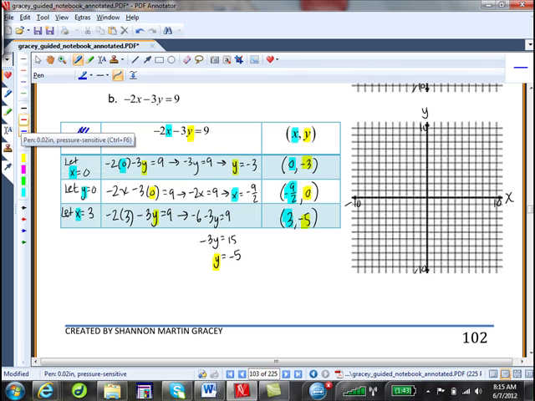So here we go. 0, negative 3, the y-intercept is here. And then negative 9 halves is about negative 4 1/2. So 1, 2, 3, 4.5. And then our checkpoint, 3, negative 5, is here. And it's looking good.